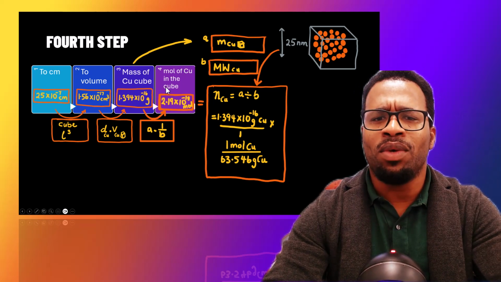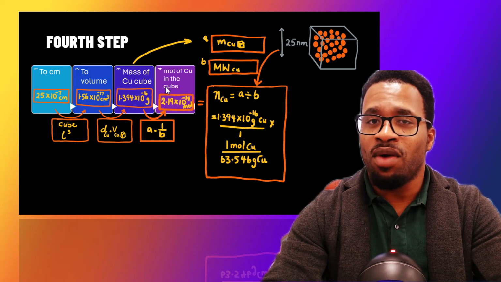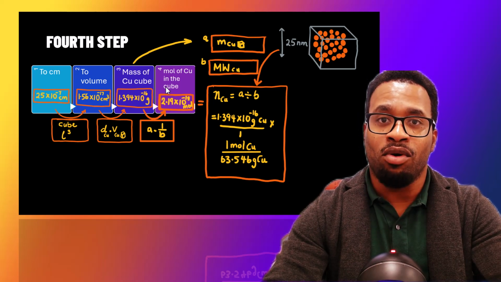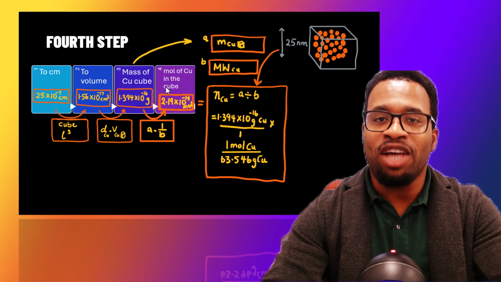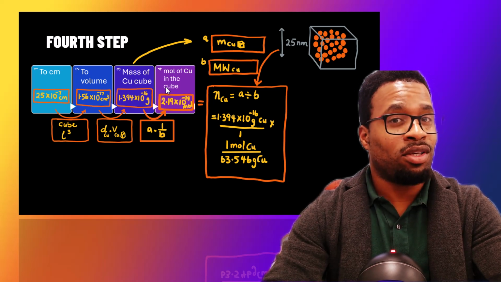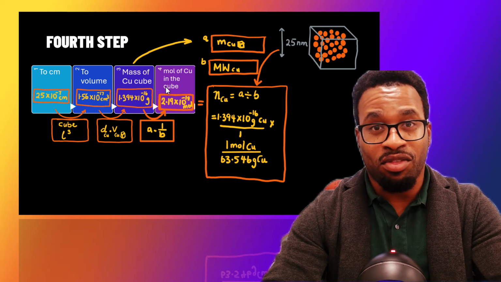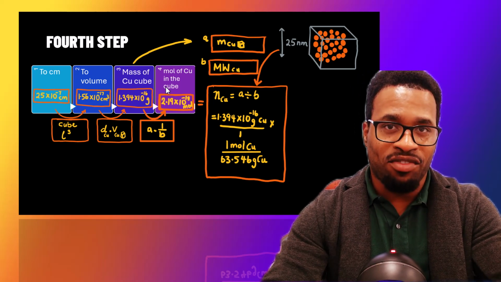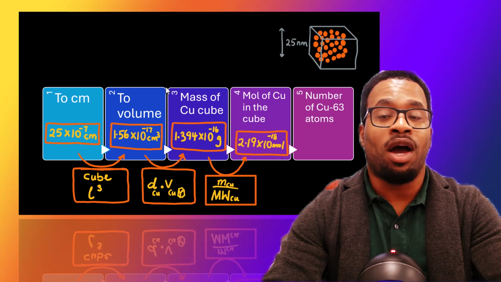Now, why do we need to find the number of moles? The reason is that out of that many moles, a fraction of that is copper-63 as the isotope. So how do we accomplish this?